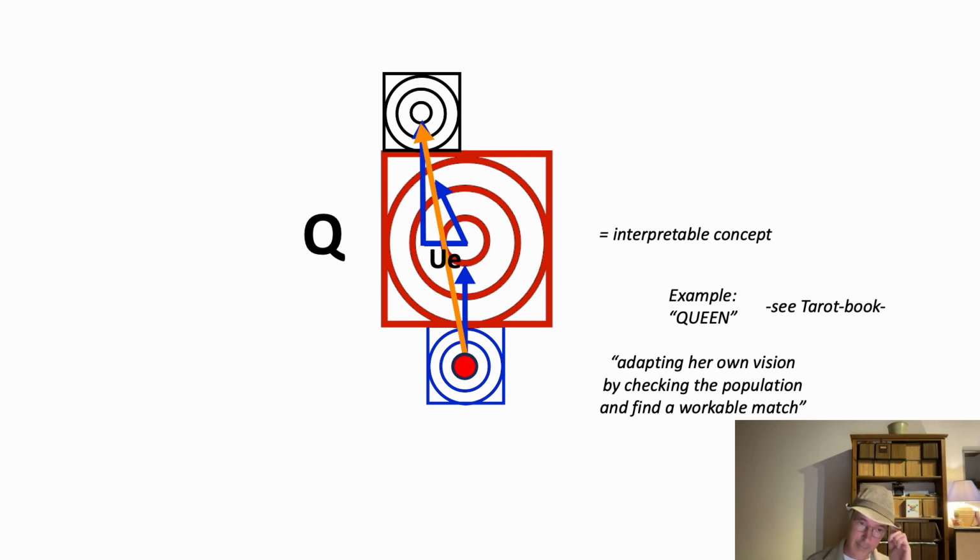Another example of a word with a Q. There are not so many words. You have, of course, the example of Queen. It's an example that I explained in the tarot book as well. And the Queen has a certain function in the tarot game. It's someone who adapts her own vision. The queen adapts her own vision and checks with the population if she can find a match.